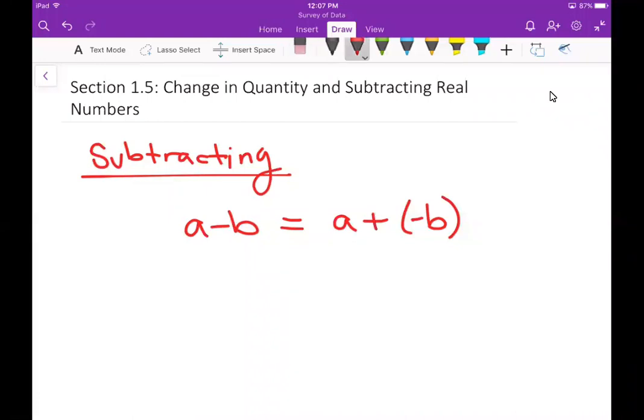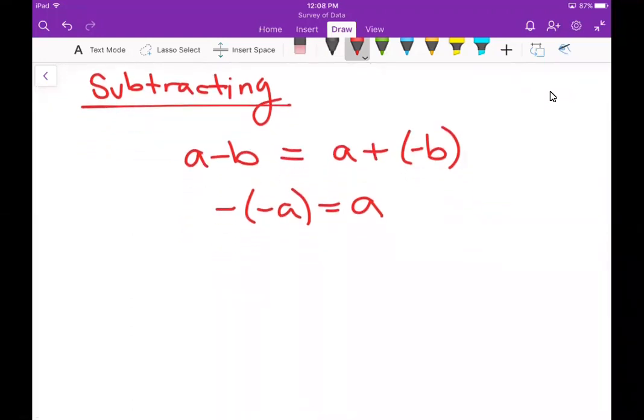Another thing we want to remember with subtracting numbers is that anytime we have the opposite of a negative number, that number becomes positive. So anytime we're subtracting a negative number, that actually becomes addition. We're going to use those two properties to our advantage as we work through several examples of subtracting real numbers.